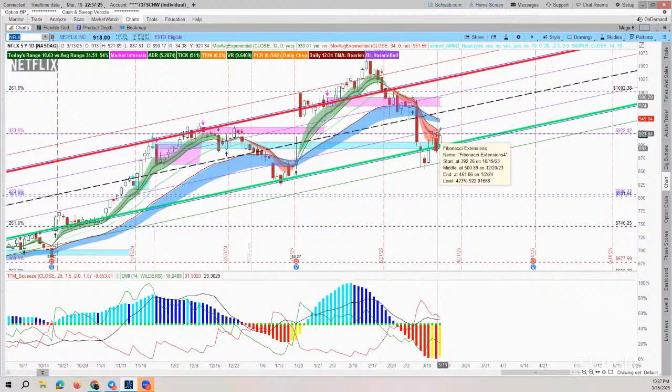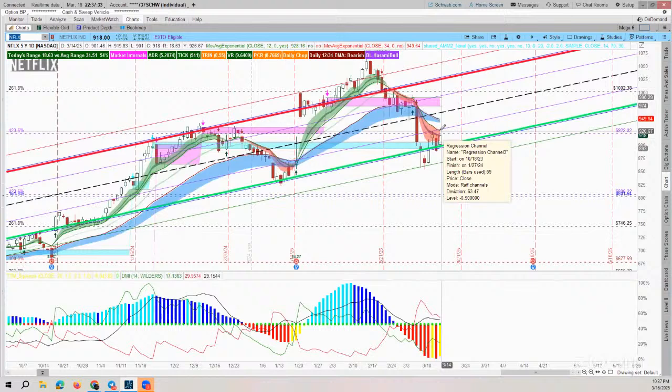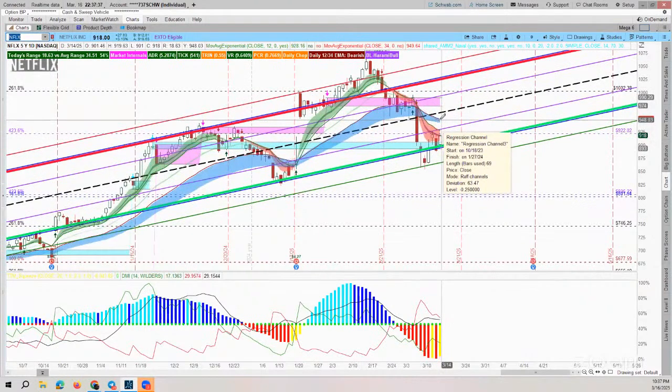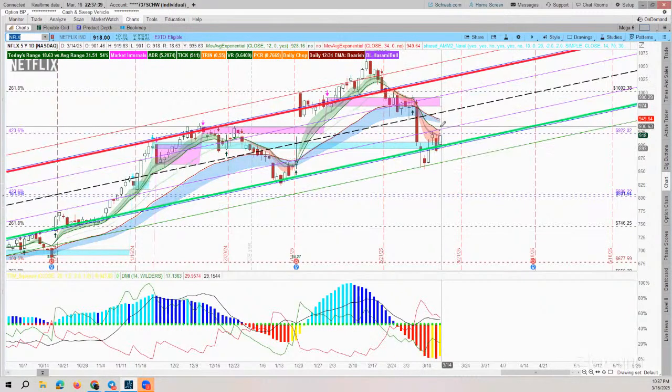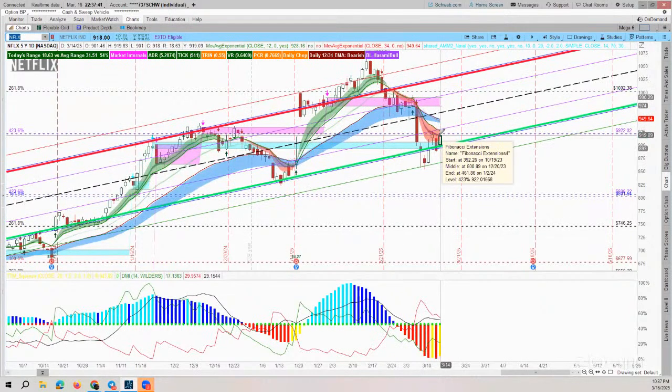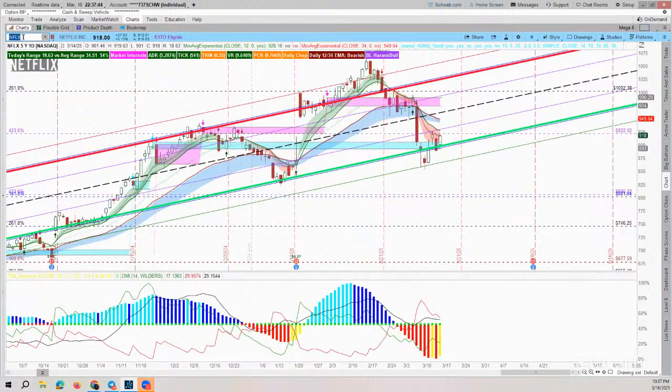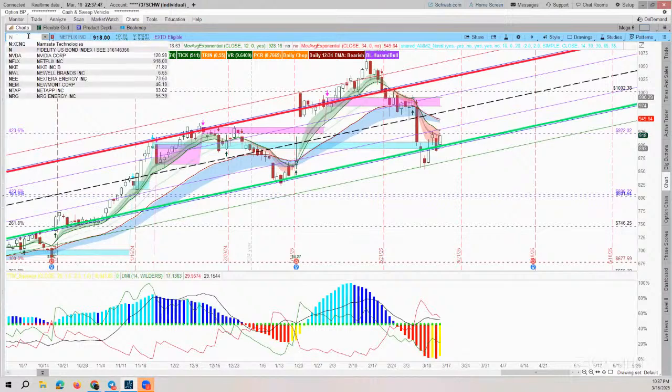It already moved like $70 from 850s. So I am going to avoid Netflix for now. If it clears 925, 926, I may think about 949, but the kind of gap it has should provide some resistance. So I'm not inclined on Netflix.